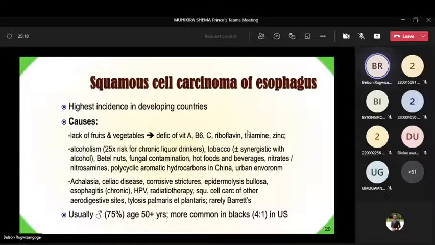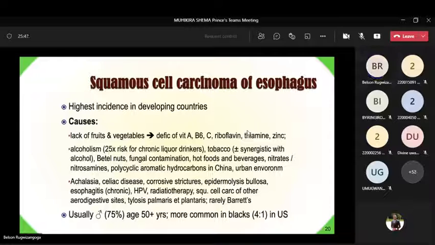So the lack of fruits and vegetables will cause a deficit in vitamin A, B6, C, riboflavin, thiamine, and zinc, and these deficits are one of the causes of developing esophageal squamous cell carcinoma.